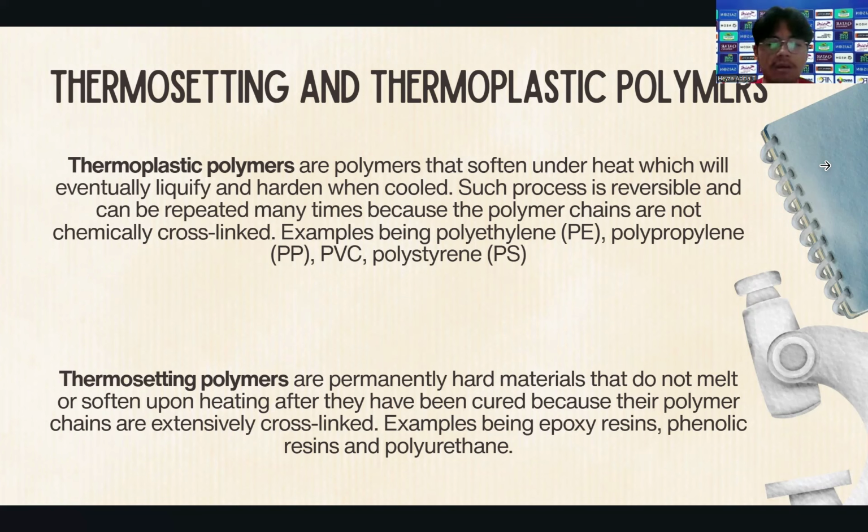On the other hand, thermosetting polymers are permanently hard materials that do not melt or soften upon heating after they have been cured, because their polymer chains are extensively cross-linked. Examples are epoxy resins, phenolic resins, and polyurethane.